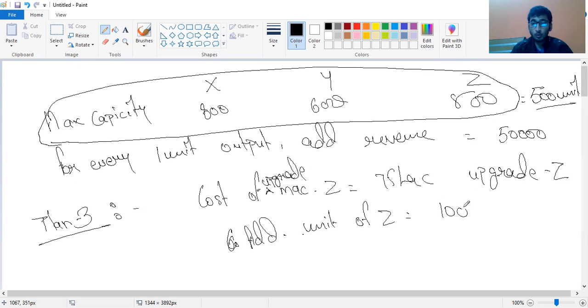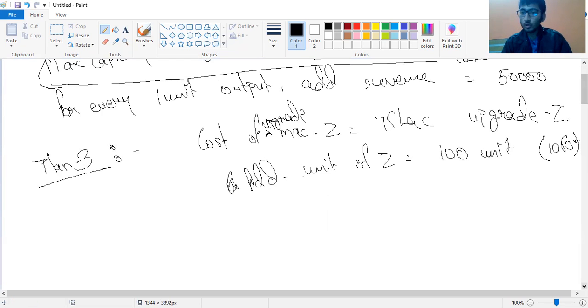I can say 100 units only, because it's given in the question that your output would increase to 1050 units for Z. But since Y can manufacture only 600, only 600 would flow to Z. So the final output would vary with only 100 units.